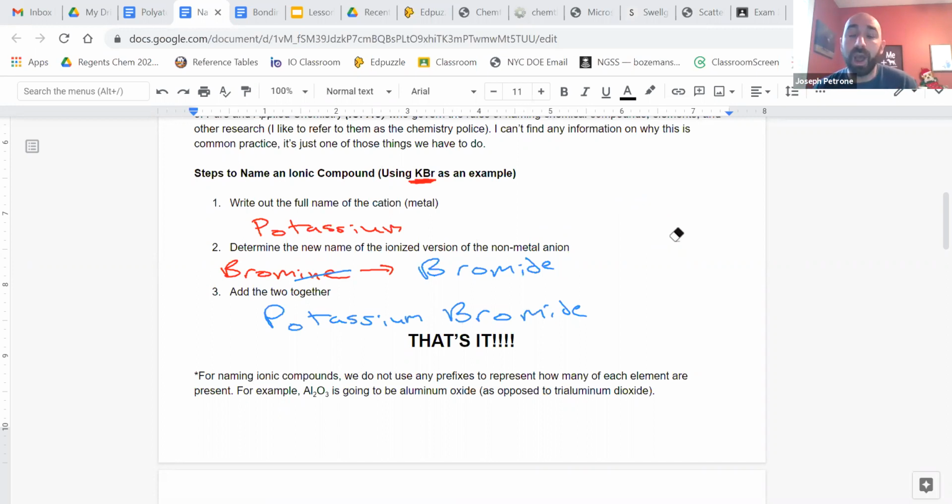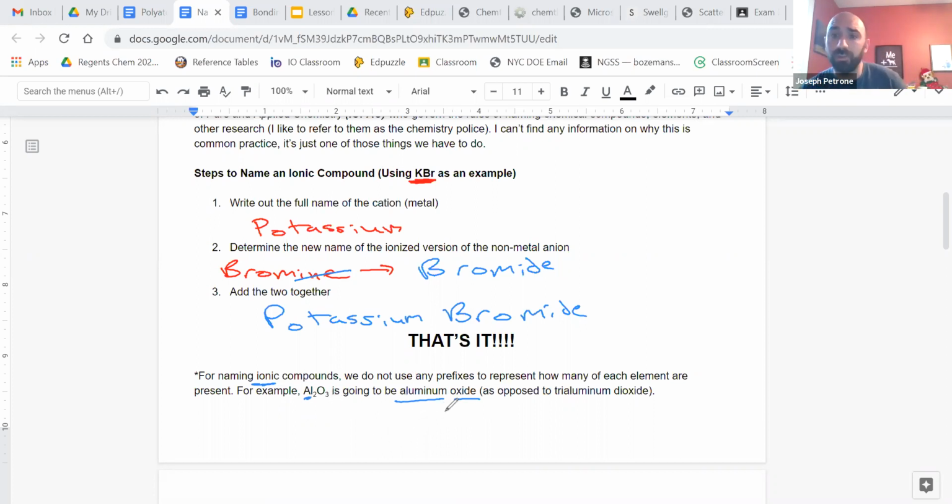So when we're naming ionic compounds, once again, the ones that are between metals and nonmetals, we are not going to use any prefixes that represent how many of each element are present. So an example here, we have Al2O3. That is just going to be aluminum, that's the Al, and oxide, that's the O3.